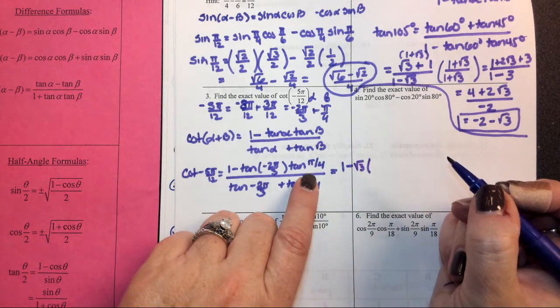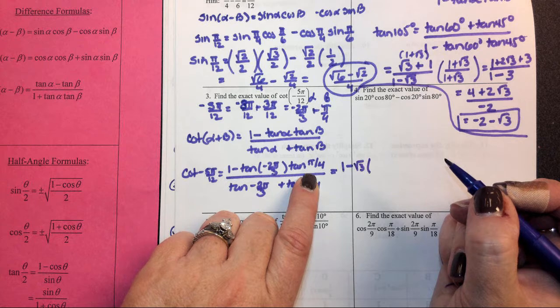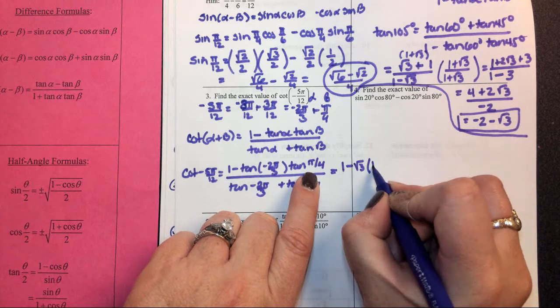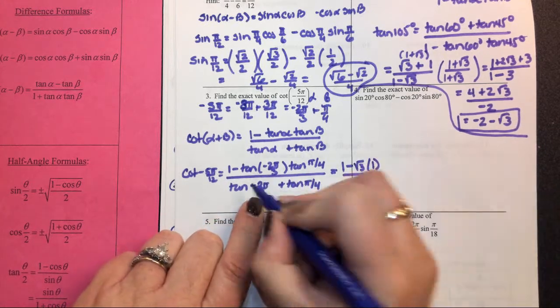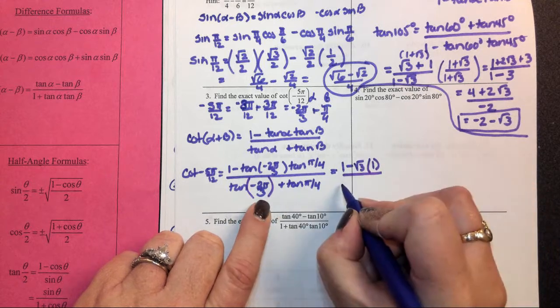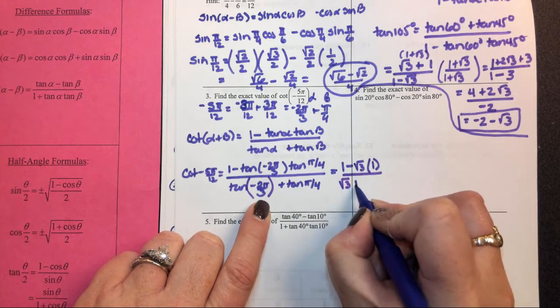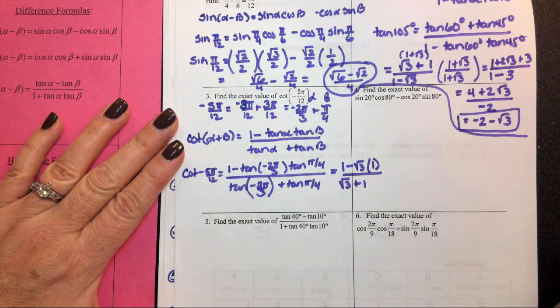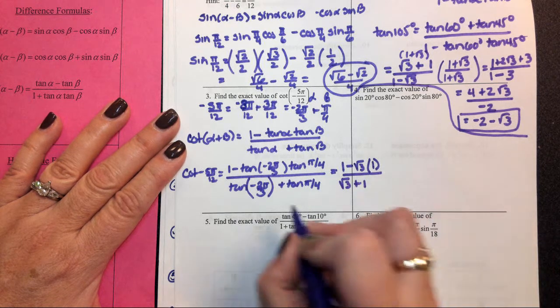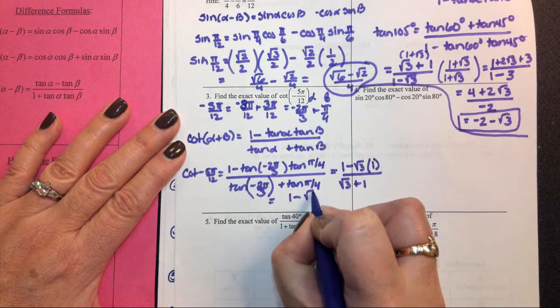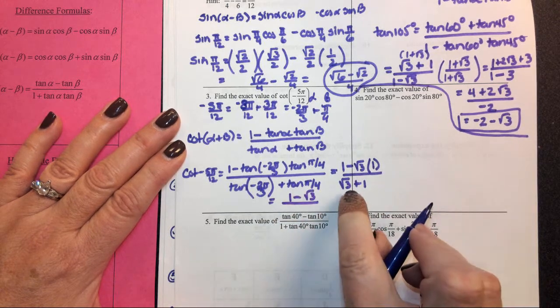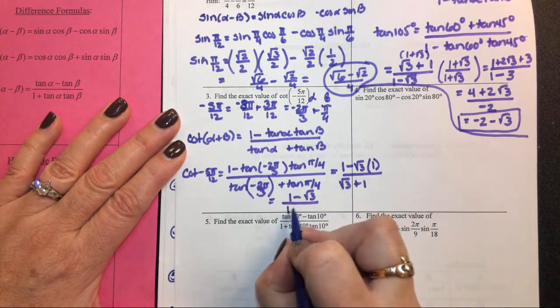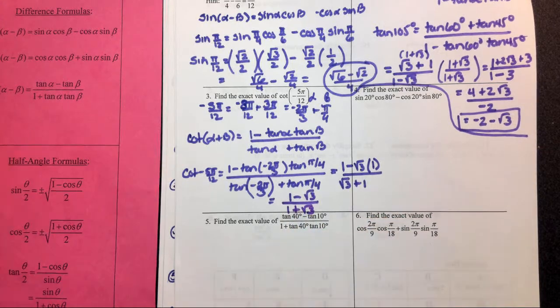Times, what's the tangent of pi over 4? Tangent of pi over 4 is 1. All over the tangent of negative 2 pi over 3, we always establish as square root of 3, plus 1. So then when I clean this up, I end up with 1 minus square root of 3 over, and I'm just going to rewrite square root of 3 plus 1 as 1 plus square root of 3. Any questions on what I've done so far?